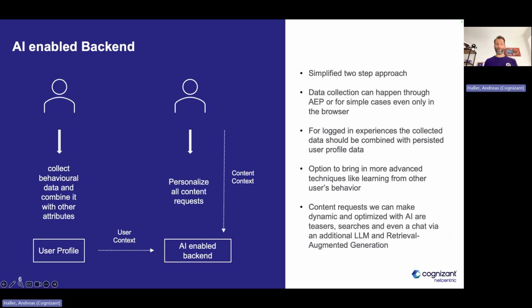We need some kind of data points to get going. And this user context we are forming, we then provide together with what I call the content context to an AI-enabled backend.